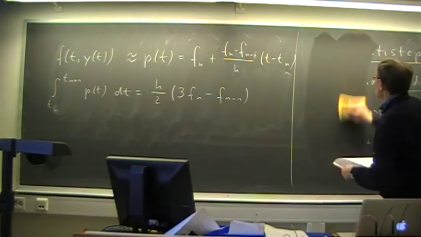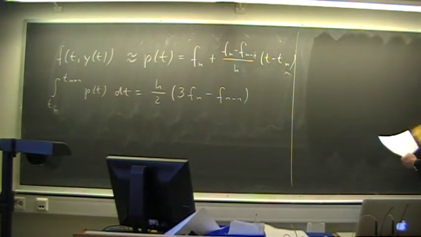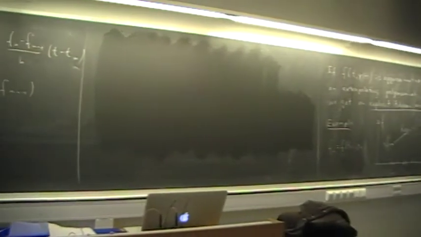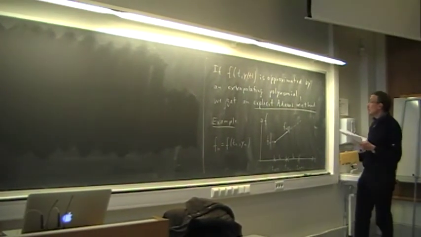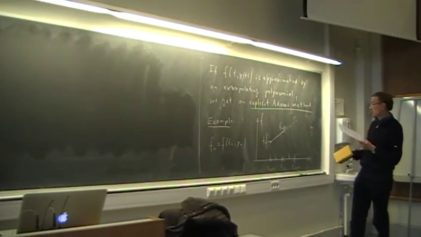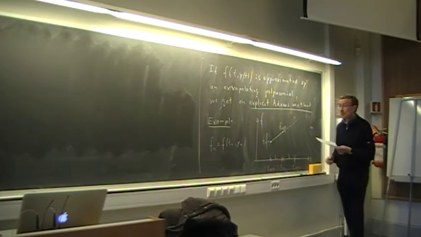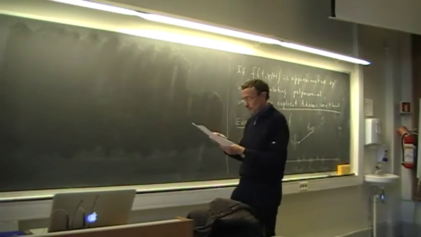And then we can get the solution from that, because we approximate the integral by this integral over the polynomial.